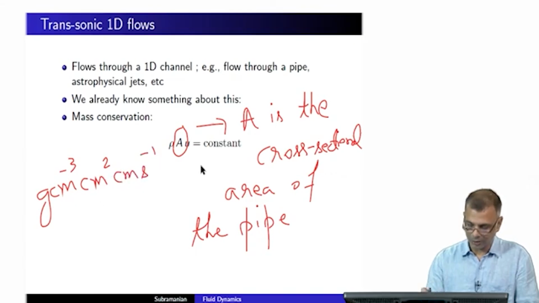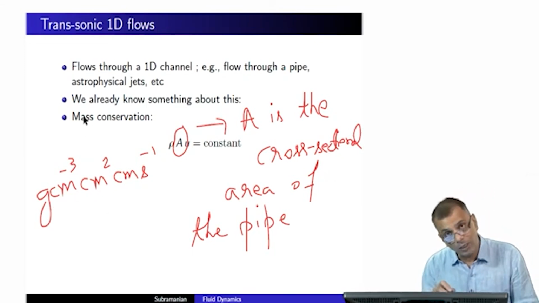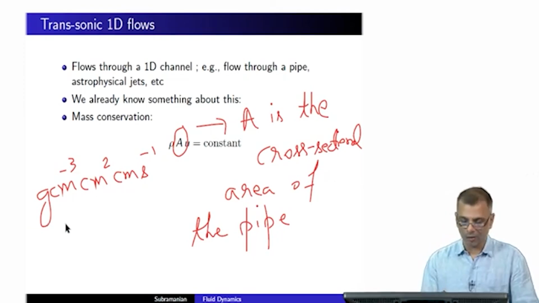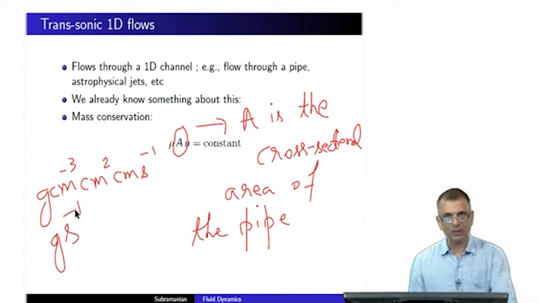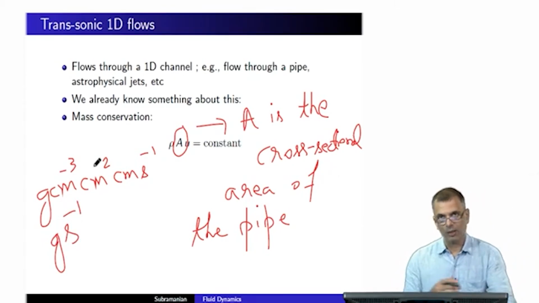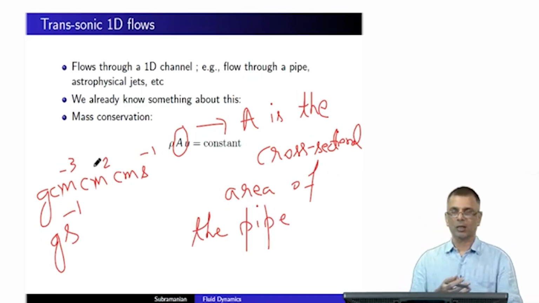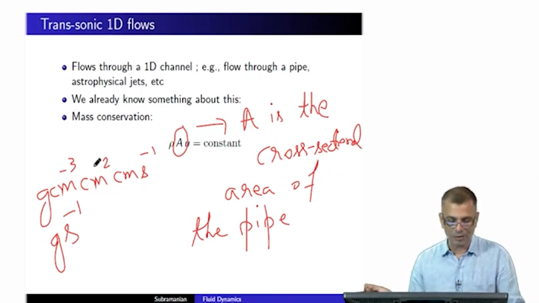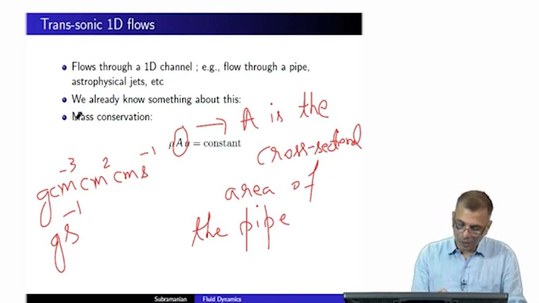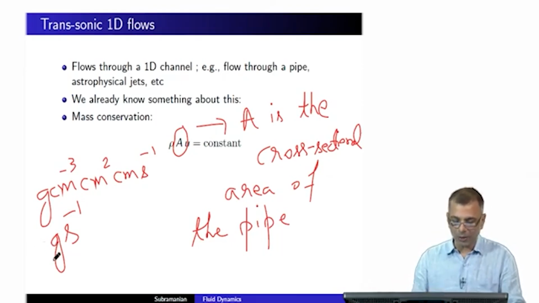So this is expressing not the conservation of mass flux, but the conservation of a quantity which is grams per second. Earlier, when we were talking about shocks, we called conservation of mass flux just mass conservation. Here we are still calling it mass conservation, but we are really conserving grams per second.